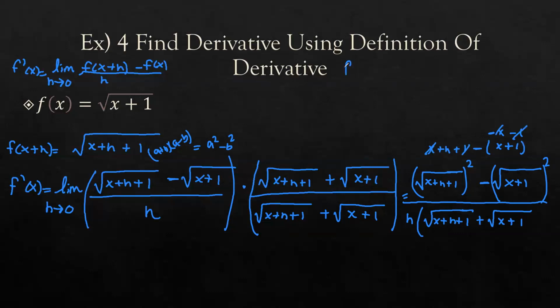So you can rewrite your problem as f prime of x equals the limit as h goes to 0, and then on the top we said you are left with, what are we left with? Hold on, let me do this again.